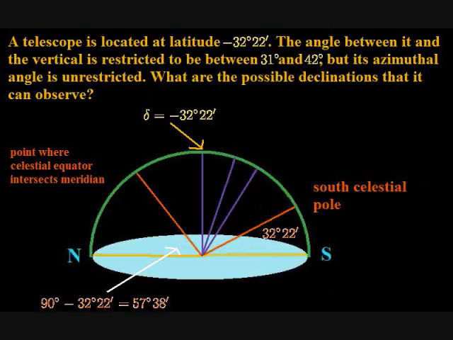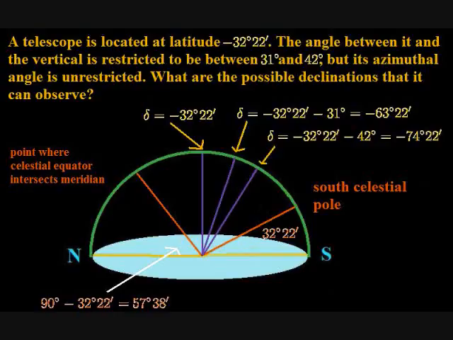So the declination of the first purple line, since it's 31 degrees south of the zenith, is simply the declination of the zenith minus 31 degrees, which is negative 63 degrees and 22 minutes. And then the declination of the furthest south the telescope can look is simply the declination of the zenith minus the angle from the zenith.